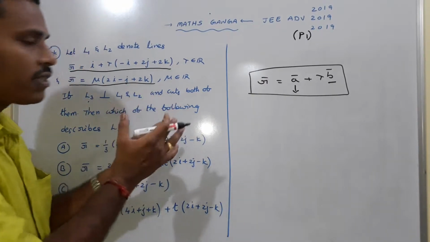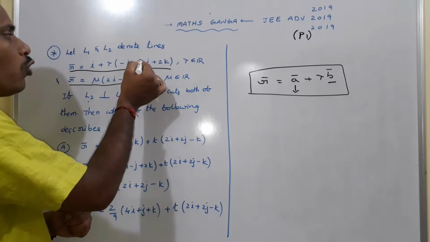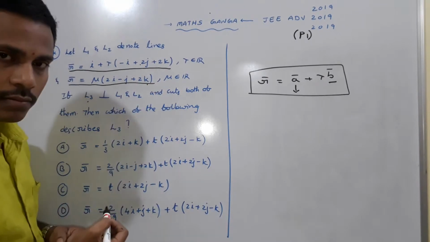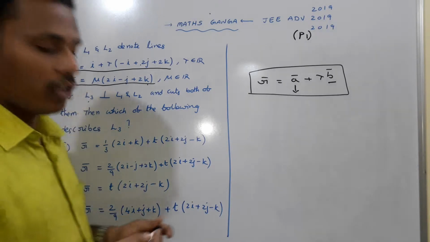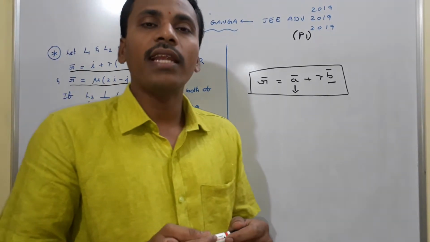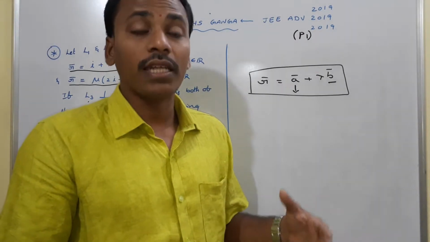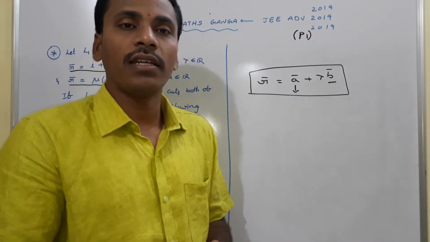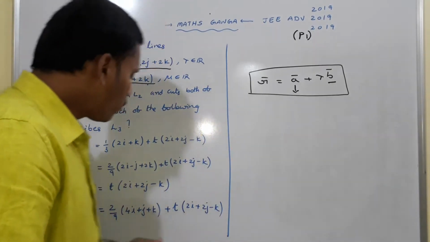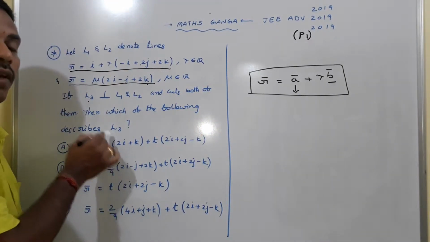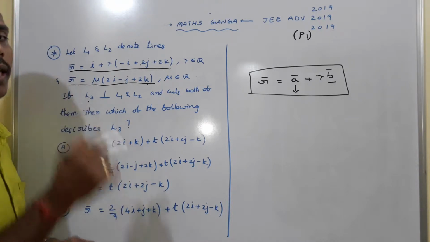With this idea of vector form, we need to understand these two lines and then describe the line. Usually in 2D a line is described by a point and its slope, but in 3D a line is represented by a point along with the DRs. Since we have to describe L3, we need to find the DRs of L3 as well as a point on L3.